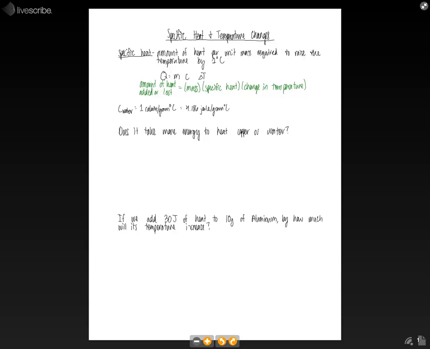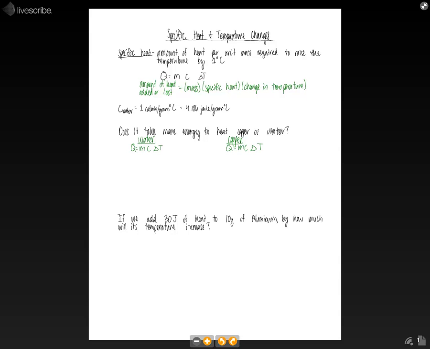So now if we look at a couple problems, the first one asks, does it take more energy to heat copper or water? And so if we look at water, we look at copper, we'll start off with our basic equation, Q is equal to mc delta T for both of them.